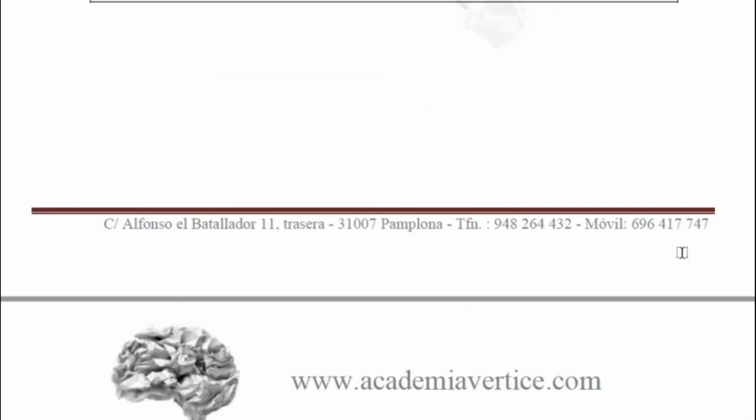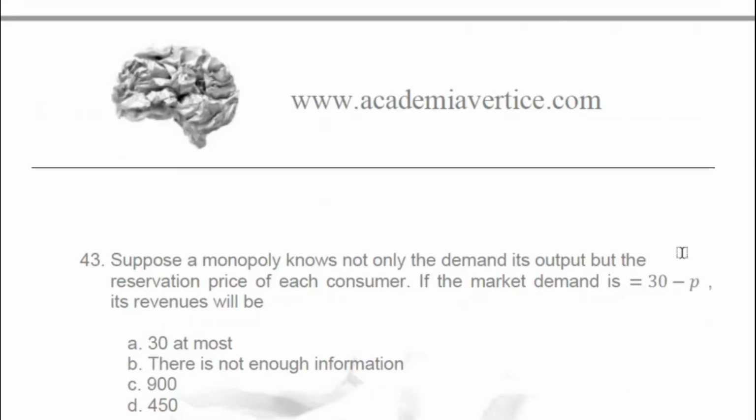Okay, now suppose a monopoly knows not only the demand of its output, but the reservation price of each consumer. If the market demand is Q equal to 30 minus P, its revenues will be, okay, be careful, revenues, be very careful. I think we need the costs.